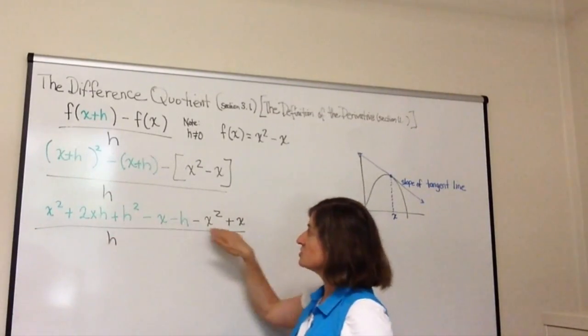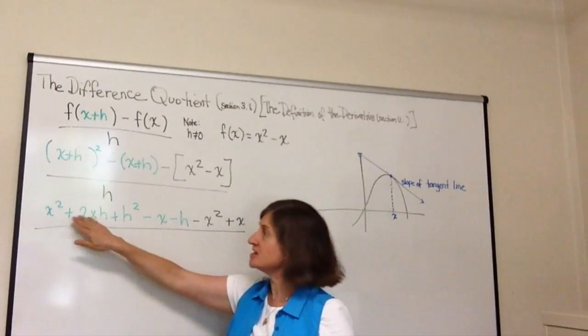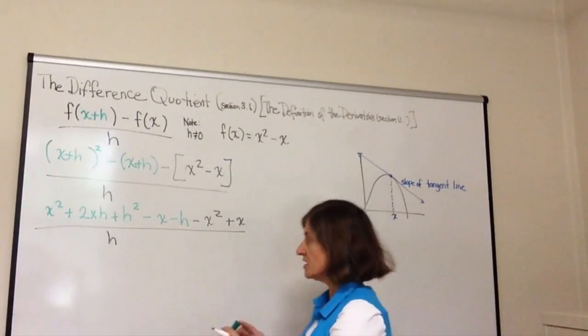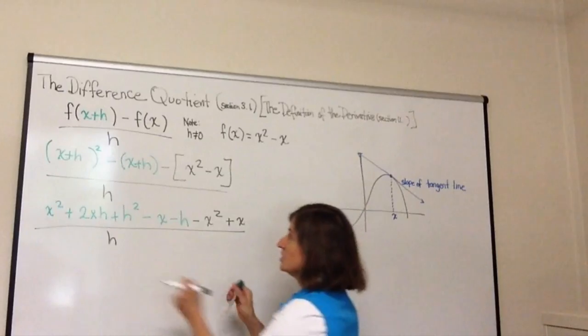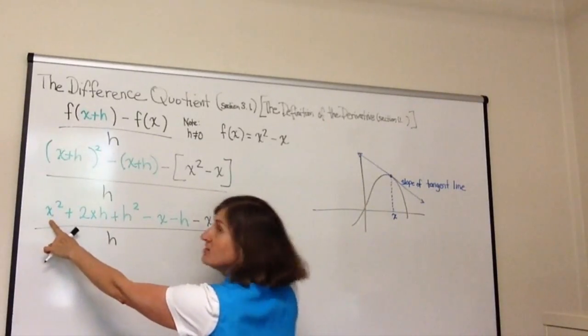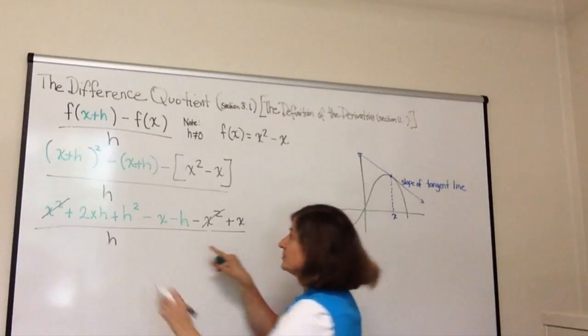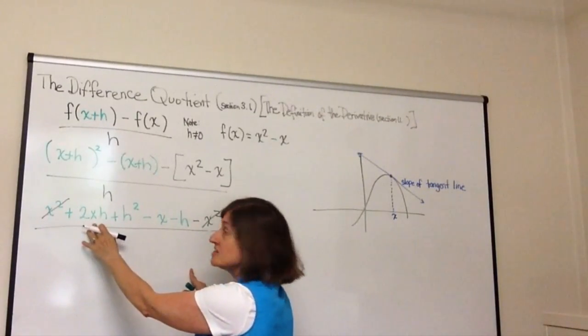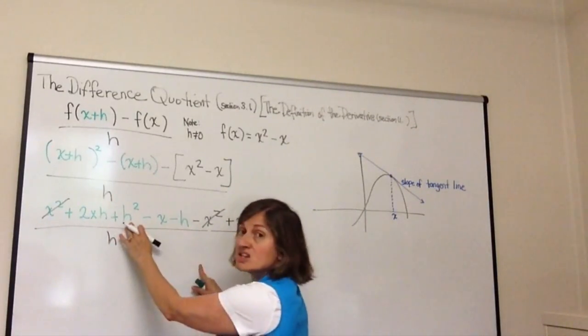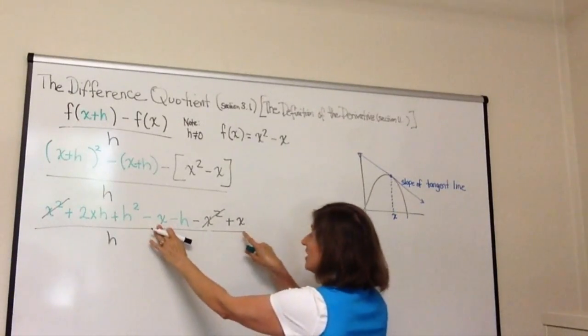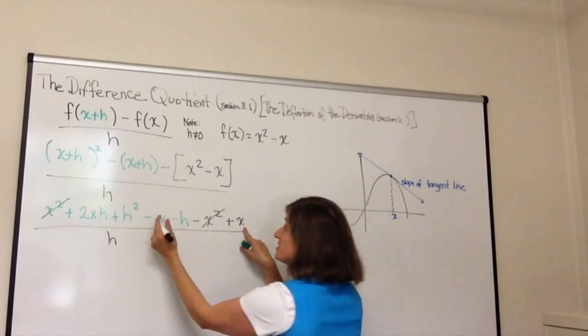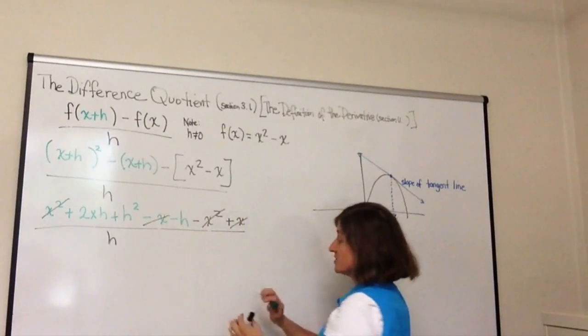All right. Now this looks rather complicated, but it's not, because things are going to cancel out if you've done them correctly. So we have positive x squared, here we have a negative x squared, they're going to cancel. There's nothing that matches up with 2xh, there's nothing that matches up with the h squared, we have a negative x and a positive x, so they will cancel.